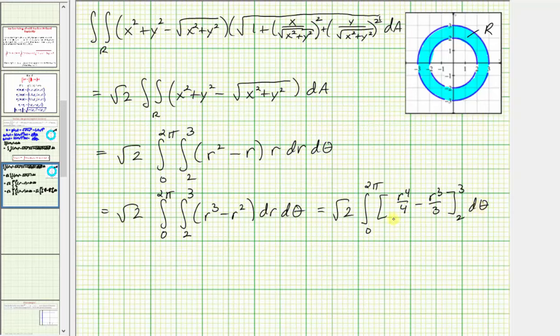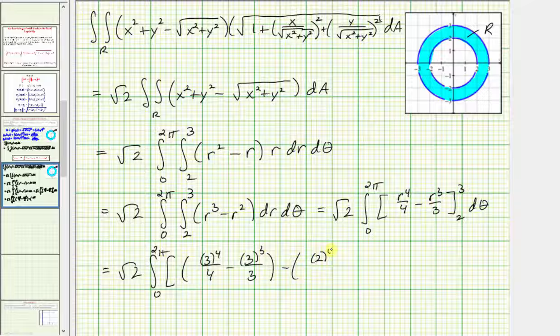Now we need to find big F of b minus big F of a. So we have the square root of 2 times the integral from 0 to 2 pi. And then when r equals 3, we have 3 to the fourth divided by 4 minus 3 to the third divided by 3 minus, when r is 2, we have 2 to the fourth divided by 4 minus 2 to the third divided by 3.